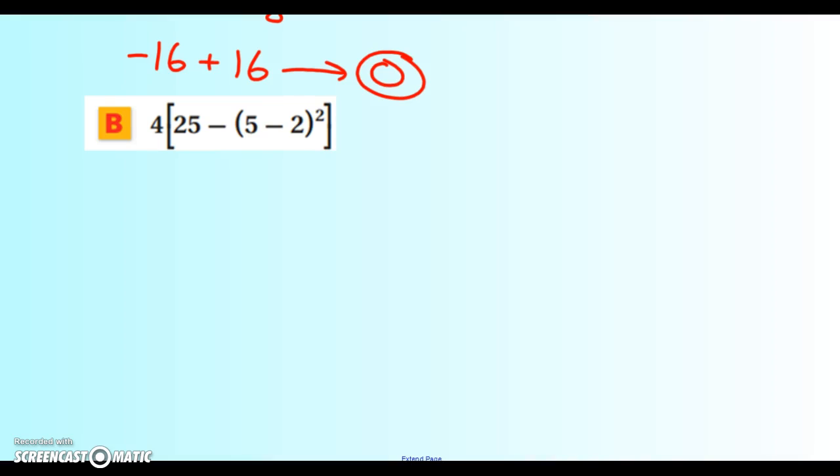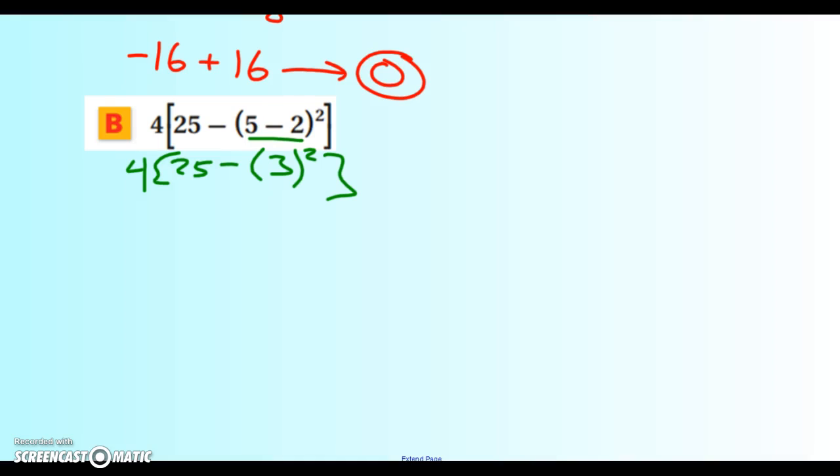Alright, letter B. This one we have two grouping symbols. We have brackets, and then we have parentheses on the inside. So we always want to do the innermost thing first. So I'm going to take care of the 5 minus 2, which is 3. Now that's to the second power. Rewrite this real quick. Okay.